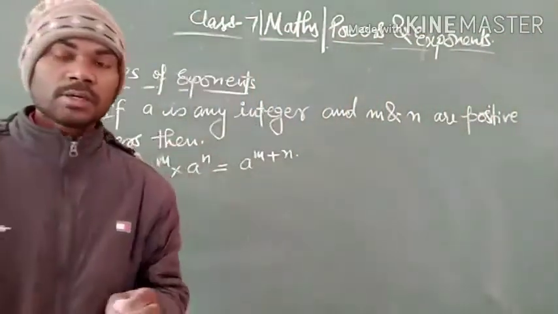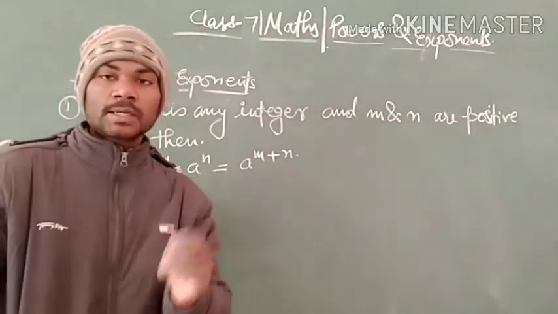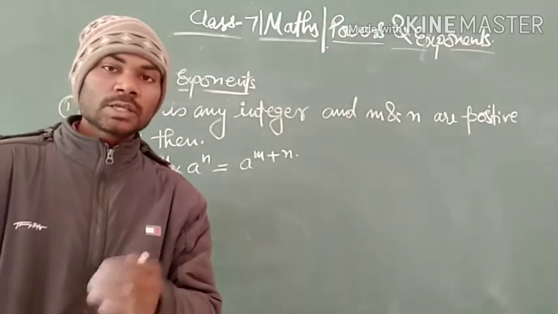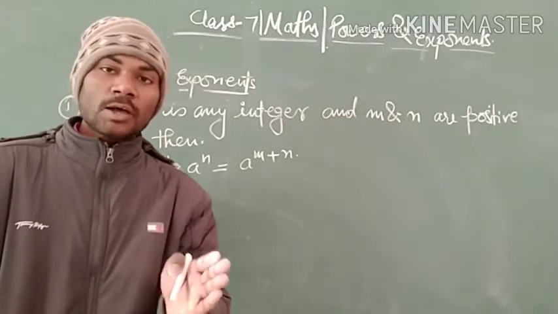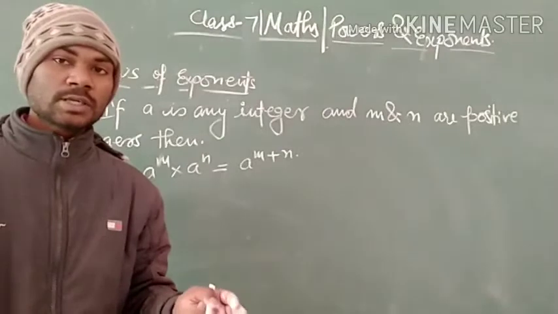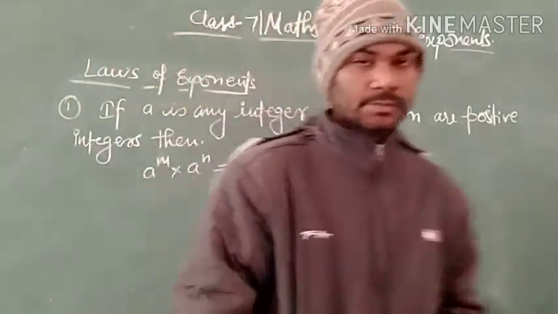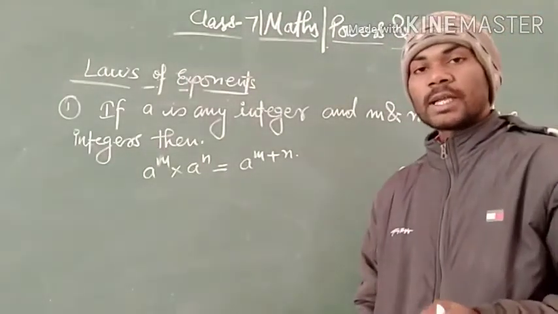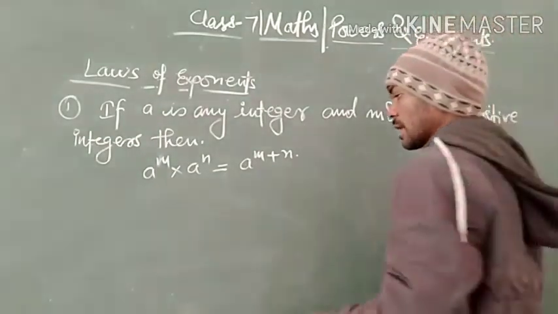This statement states that if the bases are same and they multiply with each other, then their powers are always added. But how? We shall answer the question of how using an example.